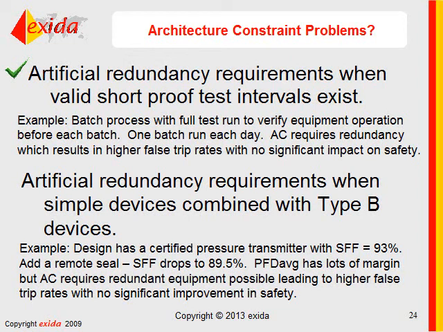The batch ran each day. So in fact, the mission time was 1 day, worst case. In such a situation, the probability of failure on demand during that mission time is a very small number. And they really get a very strong risk reduction factor. But architecture constraints require redundancy.